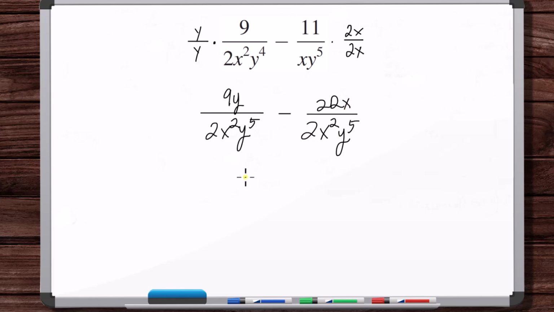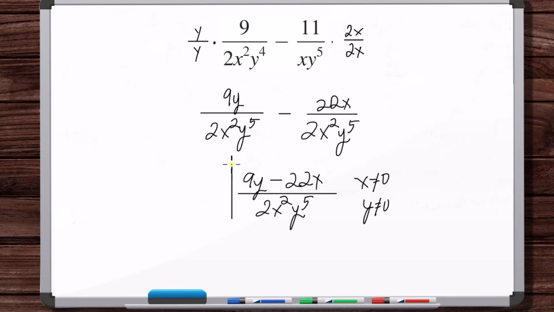There we go. So 9y minus 22x over 2x squared y to the fifth. And there you go. Then x can't be 0 and y can't be 0. But again, here it doesn't matter. We could have seen that directly from this.